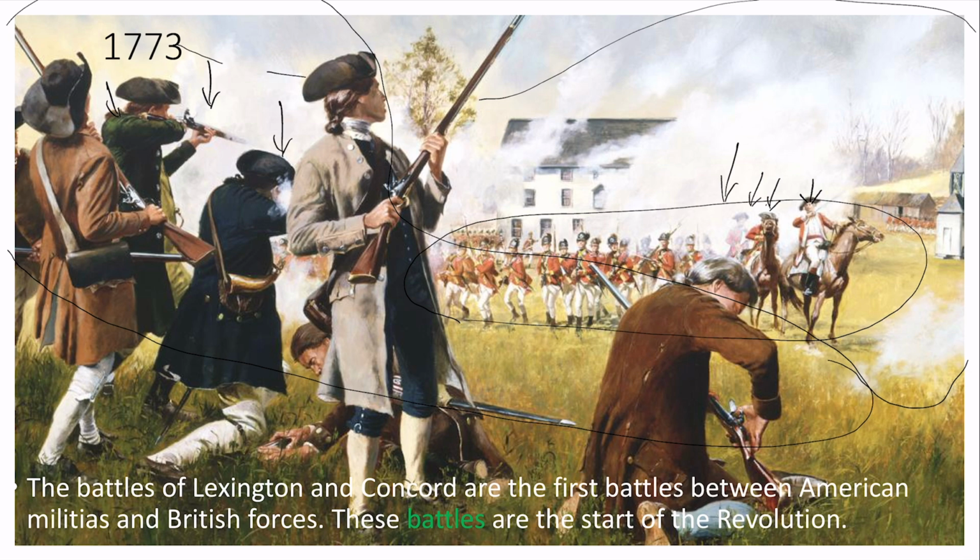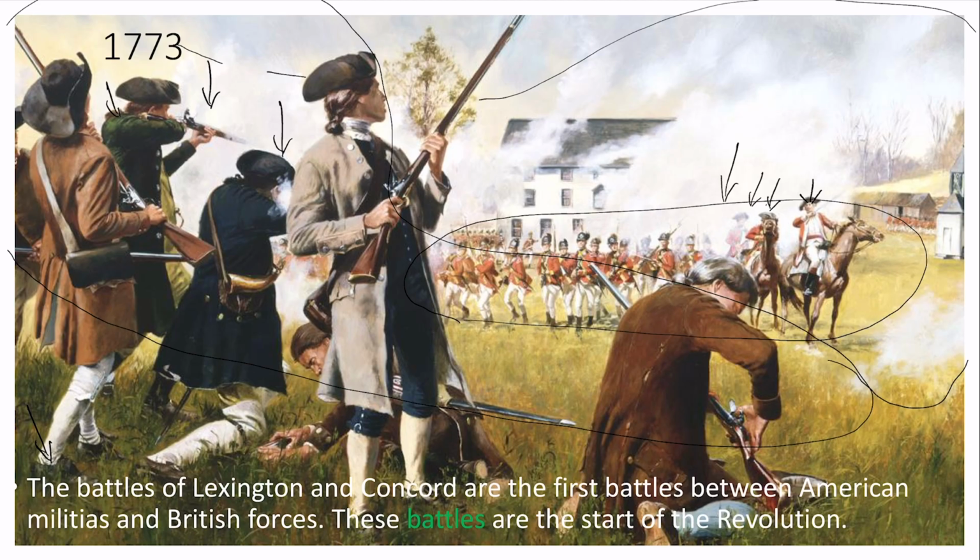So it looks pretty chaotic, if you ask me. I would not want to be in that place at that time. So let's look at the text here at the bottom of the slide. Can we read that together?